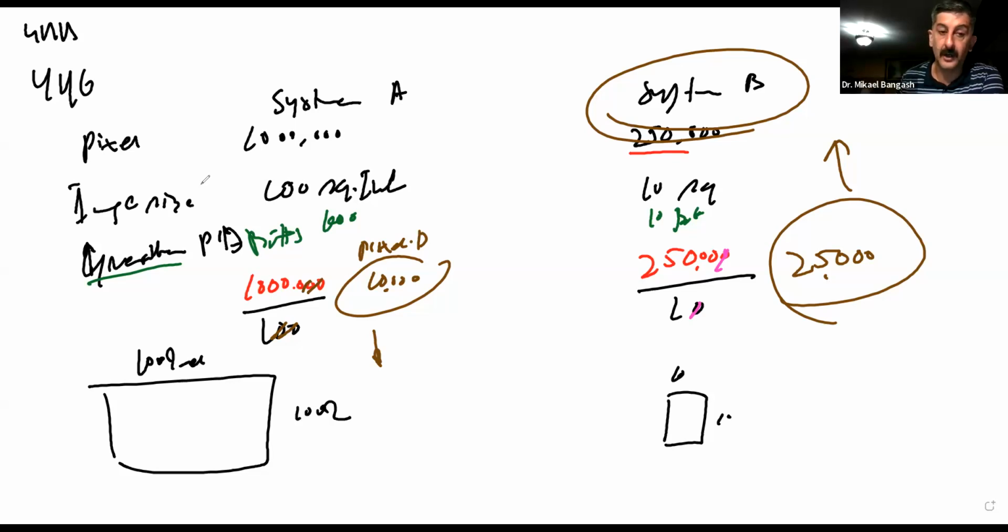Because had they said best contrast resolution, then here it says 1,000 bits per pixel with 1 million pixels. That'll be greater spatial contrast resolution.